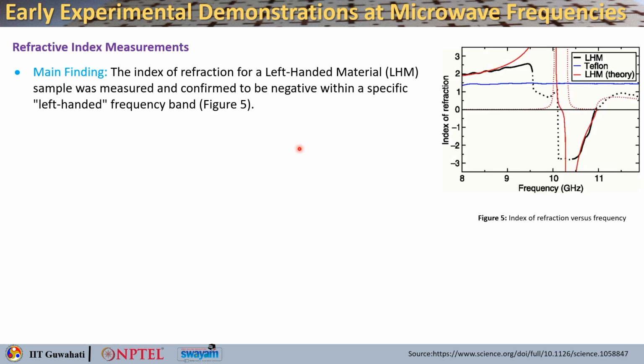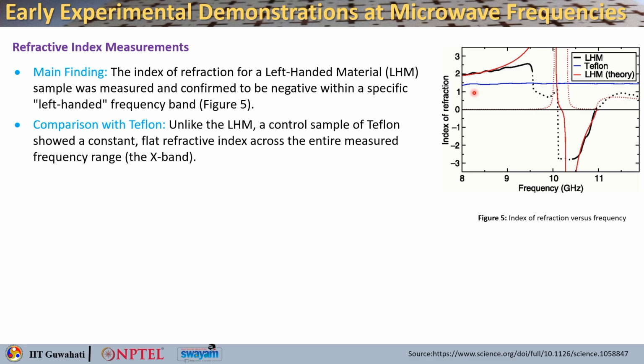Now, they also did the calculation of the refractive index. So, the index of refraction for this left hand material sample was also measured, and they confirmed it to be negative within a specific frequency band, as you can see in this particular figure.